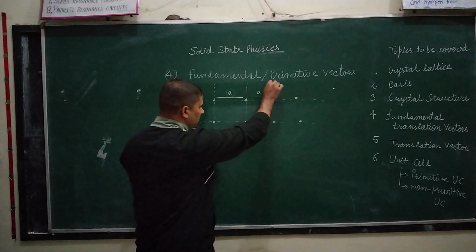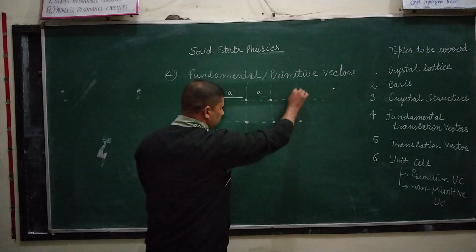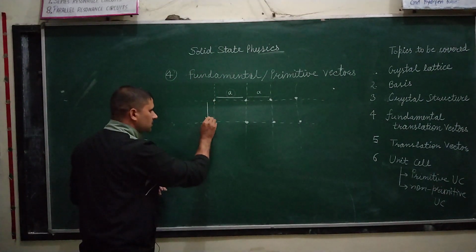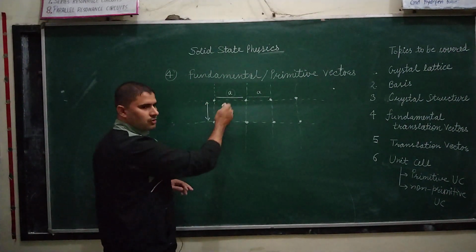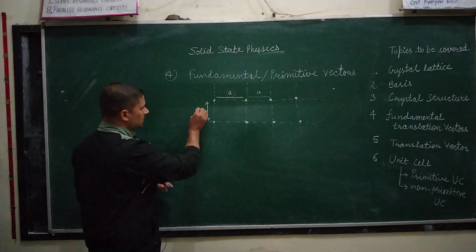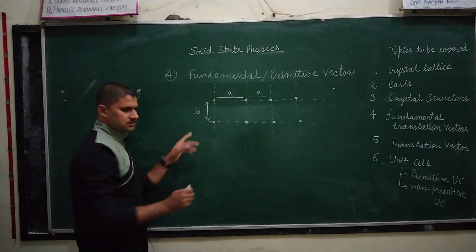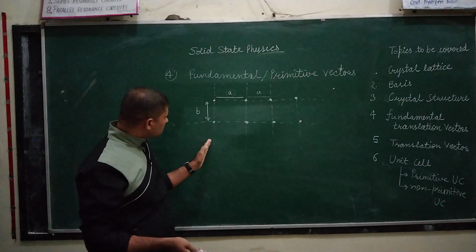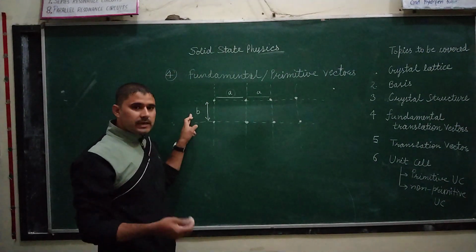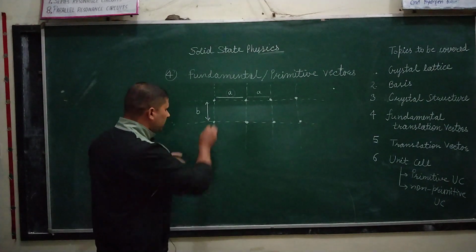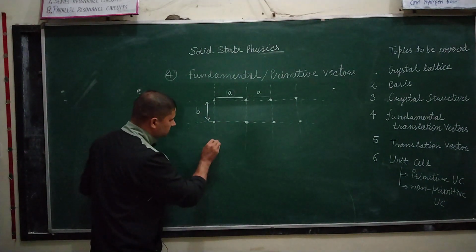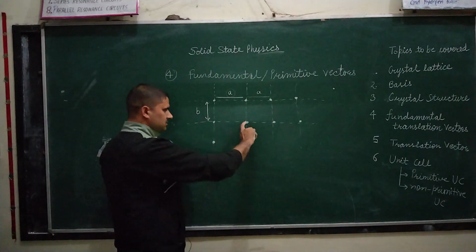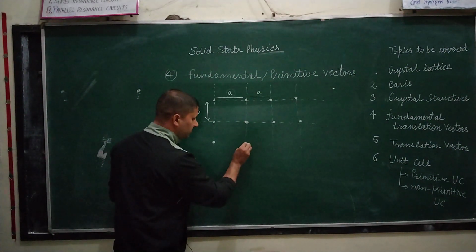So this dotted line is along a particular direction, and this gap here can be equal to a or may not be equal to a. Let me take it to be a general case. I am taking it to be b. So along this direction the particles are arranged at a distance b. So I am putting here another particle, and I can put at the same distance b here another particle.